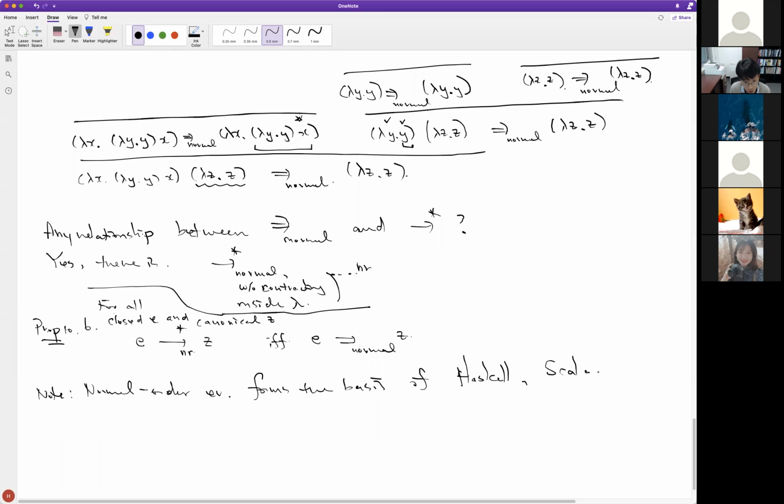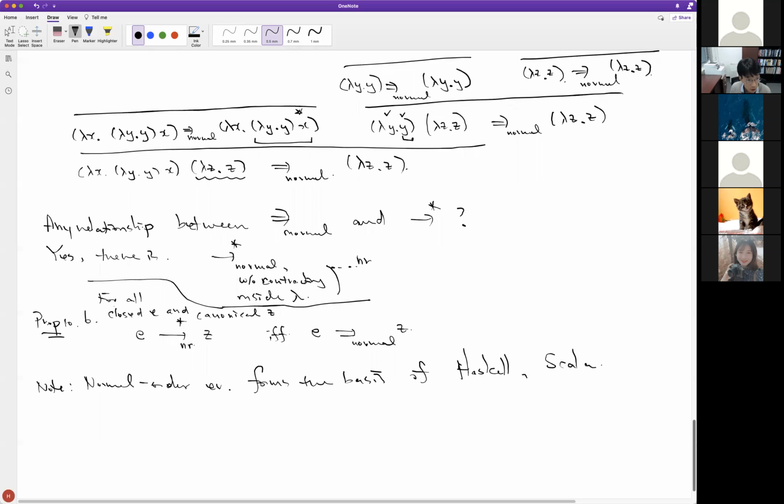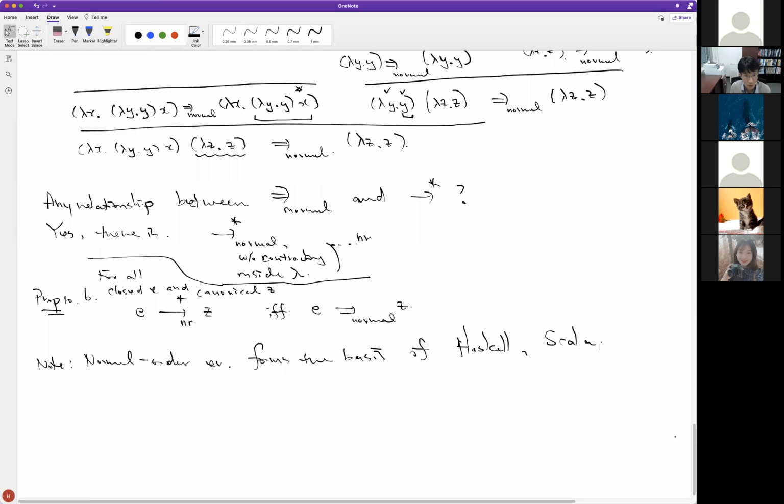Scala is not based on normal order evaluation, but Scala also supports some aspects of normal order evaluation. Okay, but that's not the only option for evaluating a program that supports higher order procedures and so on.